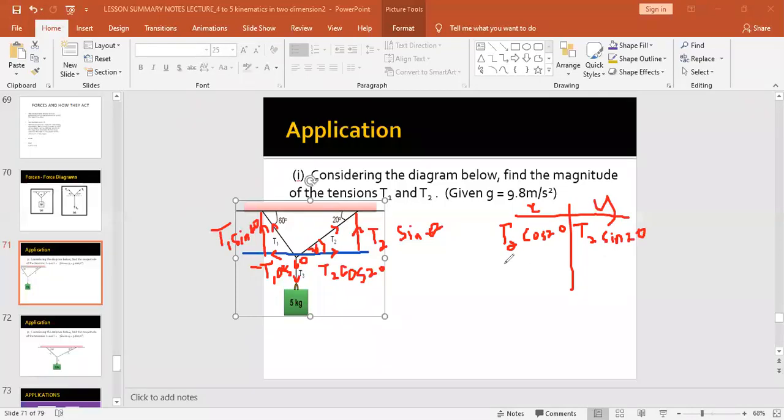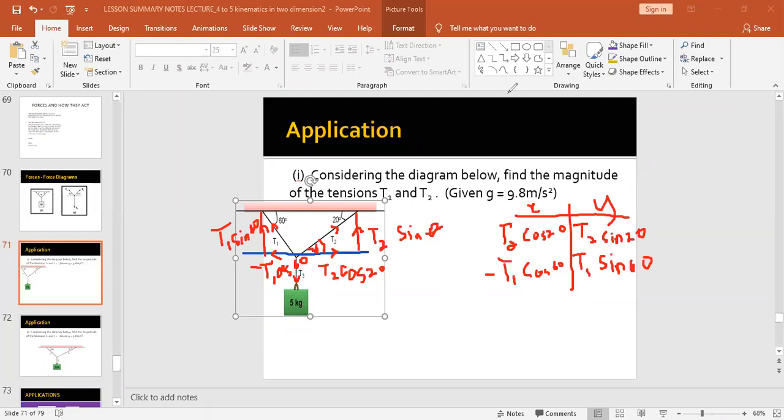Then for the next component, we have negative T1 cos of 60, and then we have T1 sine of 60. Then for the last one, that is the weight.